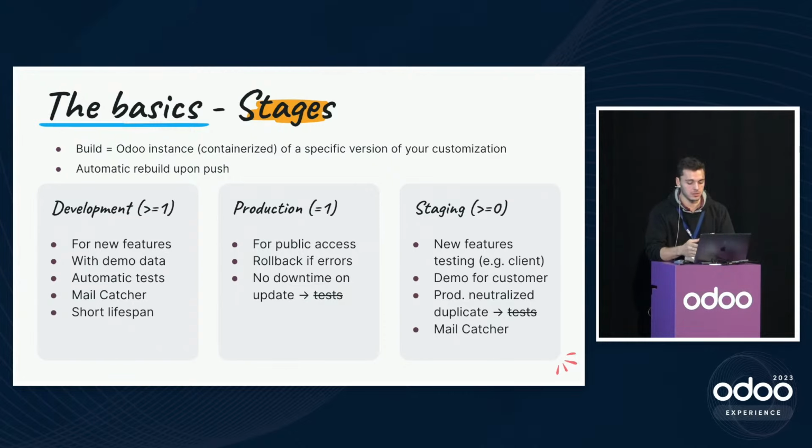Basically, the mail catcher is like a neutralization for the emails. The idea is that if you have external APIs that communicate with, I don't know, your bank, whatever, this neutralization just disables those APIs so that your staging environment doesn't play with APIs that would be used solely for production. And this is also really interesting.